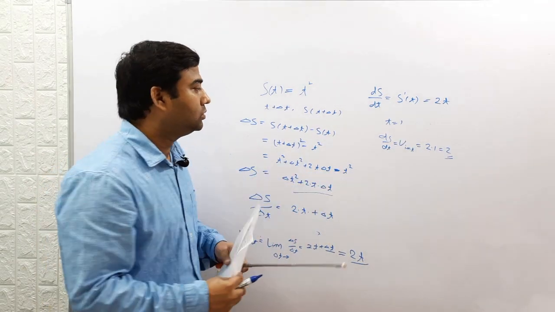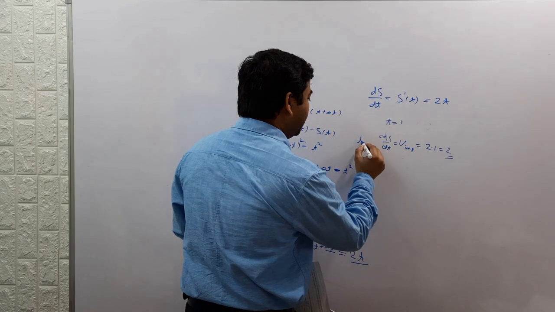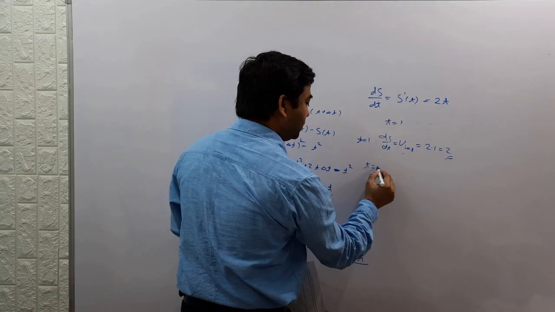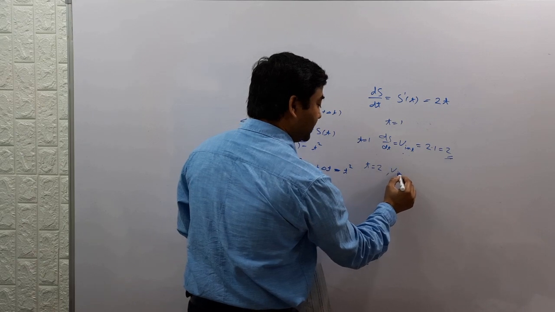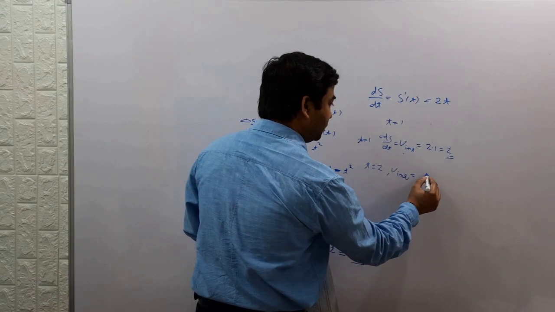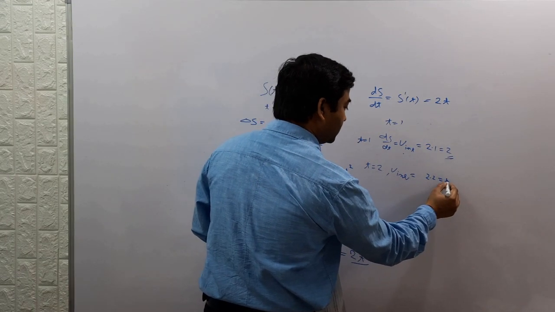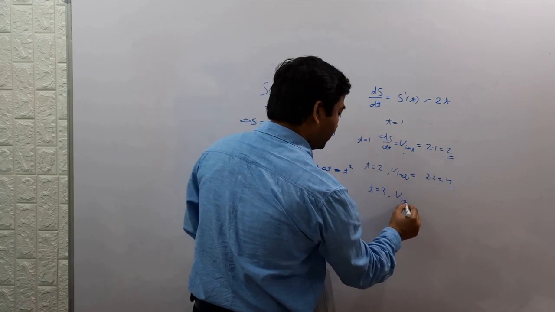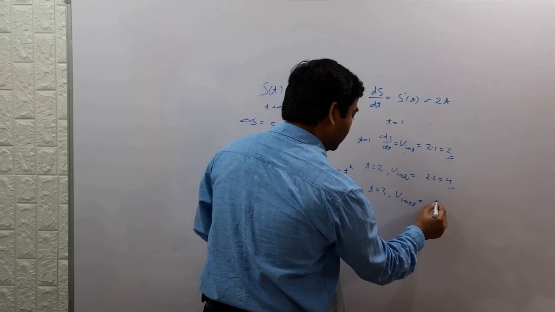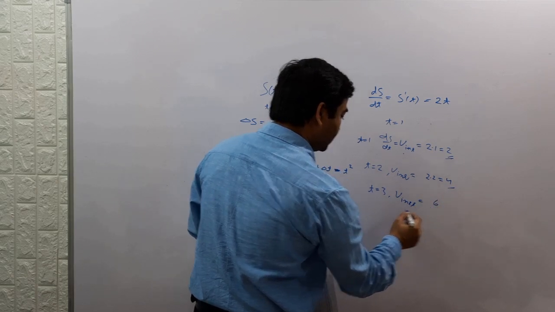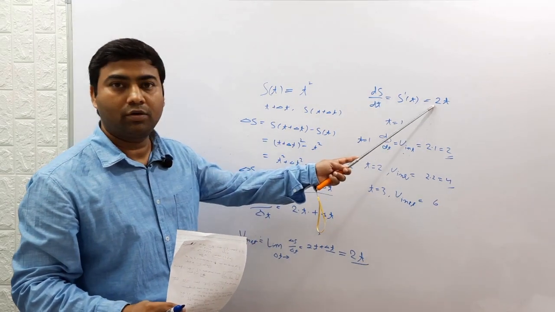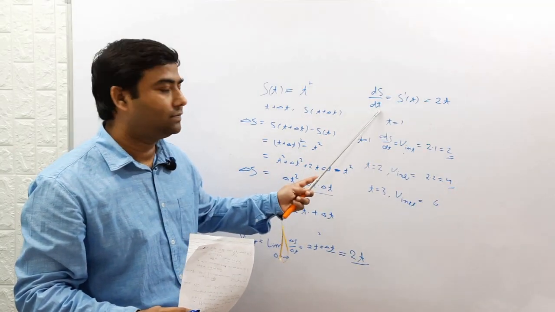At t is equal to 1, instantaneous velocity is 2. At t is equal to 2, v instantaneous is equal to 4. At t is equal to 3, v instantaneous is equal to 6. Like that, you can find a general expression of the derivative.